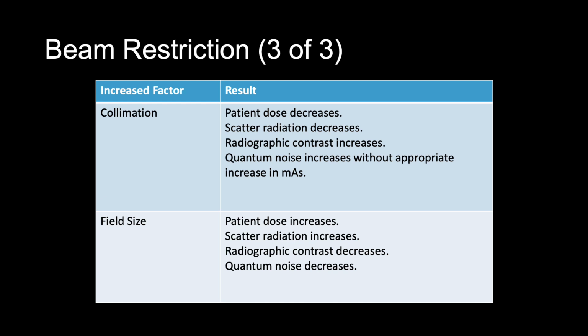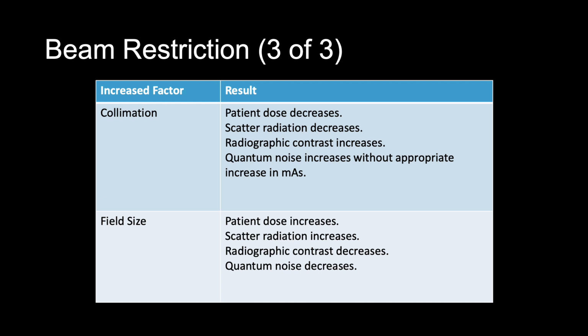An increase in collimation also affects the number of X-ray photons reaching the IR to produce the latent image. Increasing collimation decreases the number of photons that strike the patient and decreases the amount of scatter radiation produced. Exposure factors should be increased when increasing collimation.